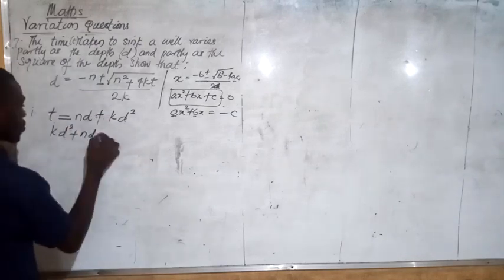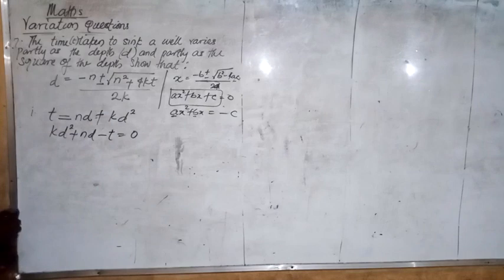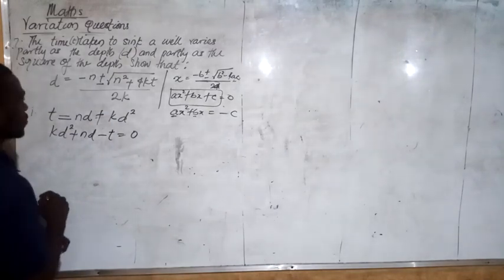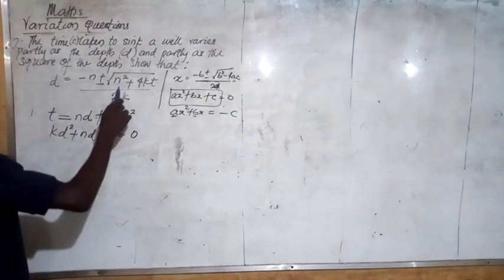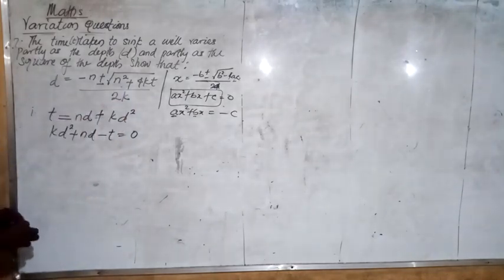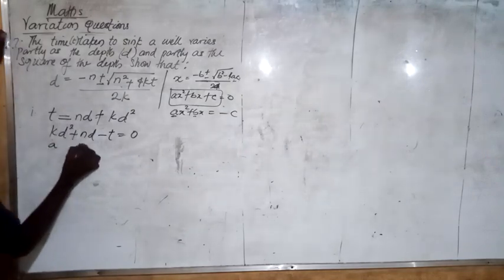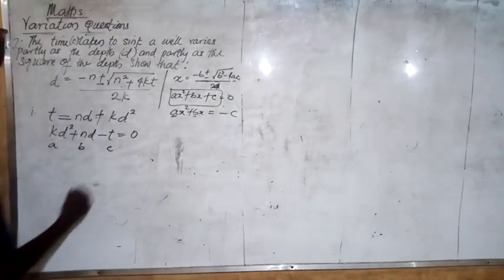Now, t is going to come here, minus t is equal to 0. And if you use the completing squares method, you are going to end up with this. So that this will become our a, b, and c.